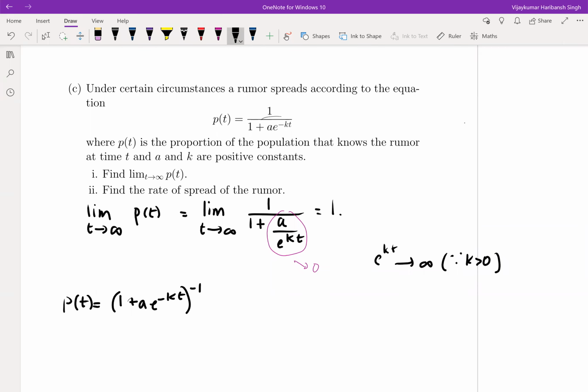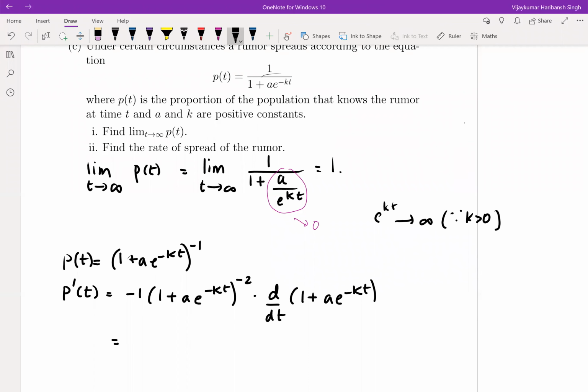Then for P prime of t, so that I can employ the chain rule, I get minus 1 times 1 plus a e to the power minus kt to the power minus 2, times d by dt of 1 plus a e to the power minus kt.